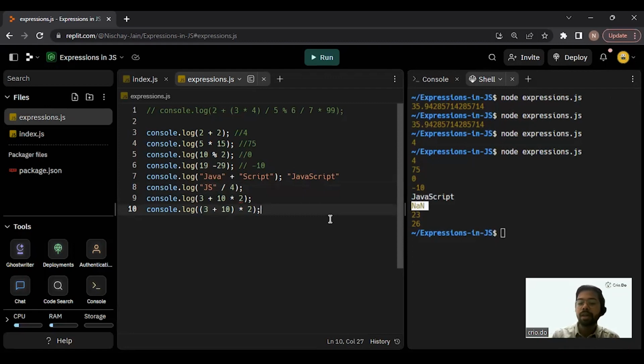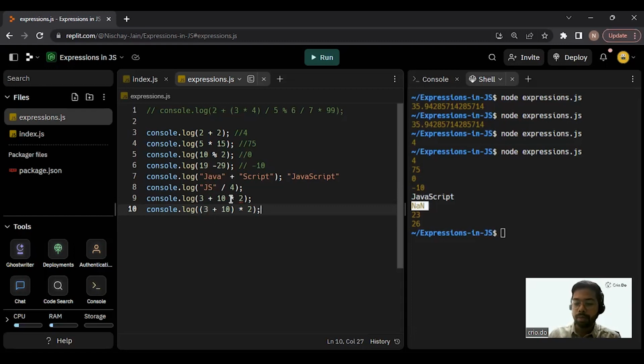As you can see on line number 8 currently, we are trying to perform a mathematical operation using the divide operator, but this kind of a division of a string by a number is totally invalid. So for all invalid mathematical operations, NaN is the answer we are going to get. So NaN is a special number which simply denotes all the invalid mathematical operations.